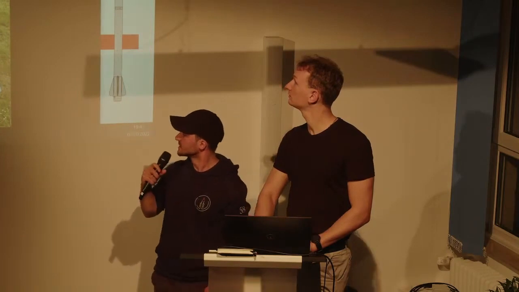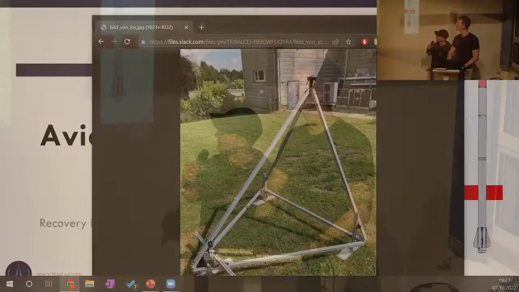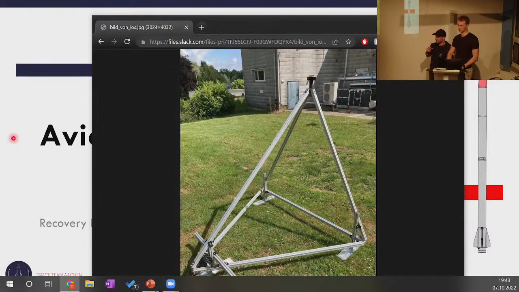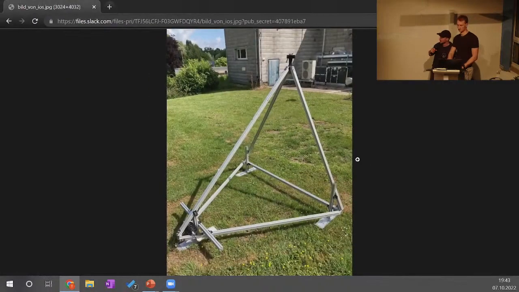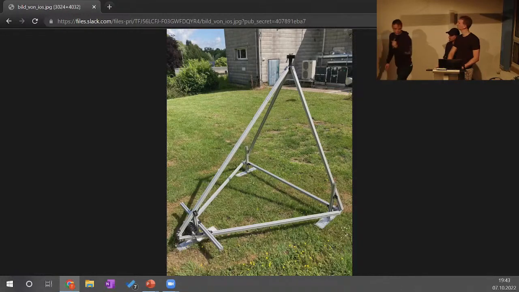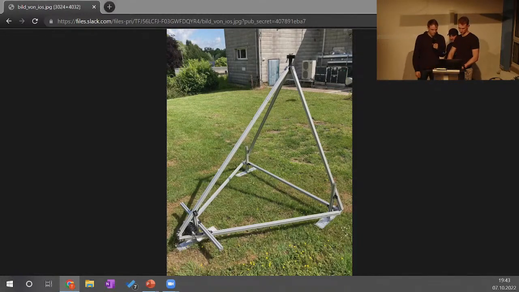So this is actually a photo of the sled. Maybe Recovery can say one or two words on that. So this was how we tested the parachutes.